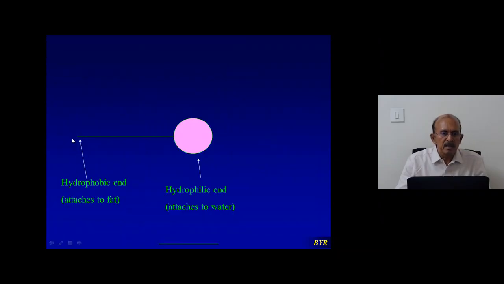That means it attaches to the fat. This rounded spherical end is hydrophilic. That means it attaches to water. So it has a hydrophilic end and at the other side the hydrophobic end. So this bile salt acts as a medium to combine a water molecule with the fat molecule.